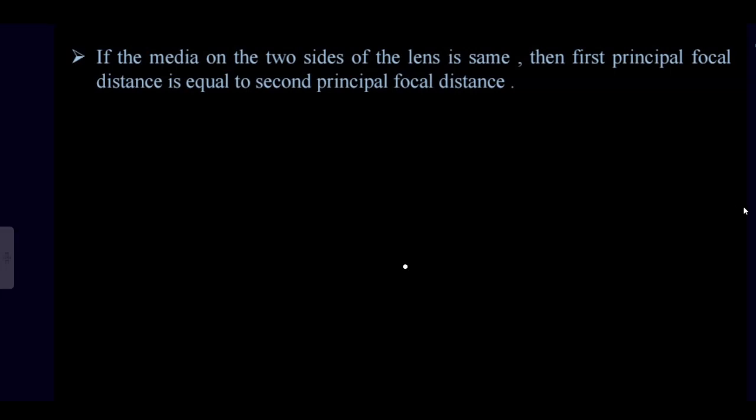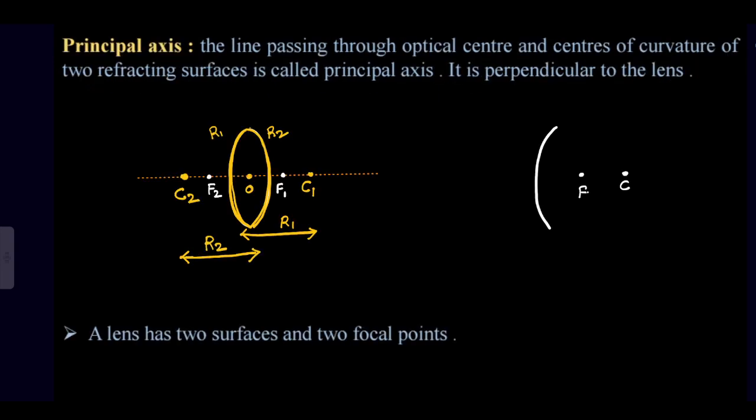If the medium on the left and right are the same, then the first principal focal distance is equal to the second principal focal distance. F1 and F2 both values are equal. If I call the media mu1 and mu2, and if mu1 and mu2 are equal, the focal lengths F1 and F2 are the same.